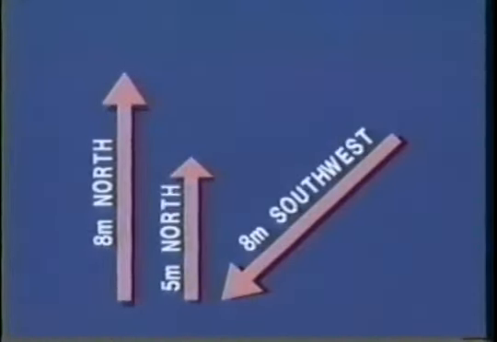Although the two directed line segments on the left have the same direction, they are different because their lengths differ. These two are both 8 meters, but have different directions.